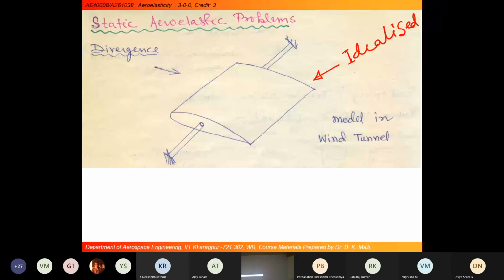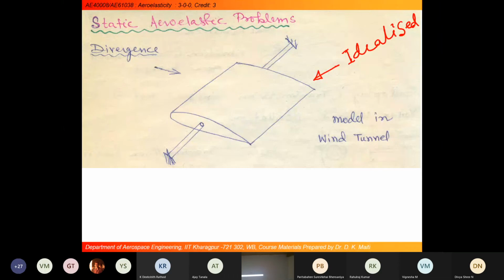Before going to the actual 3D structure, you need to understand certain things in the simple aerofoil. Look back at your theory, whatever you have learned in aerodynamics.